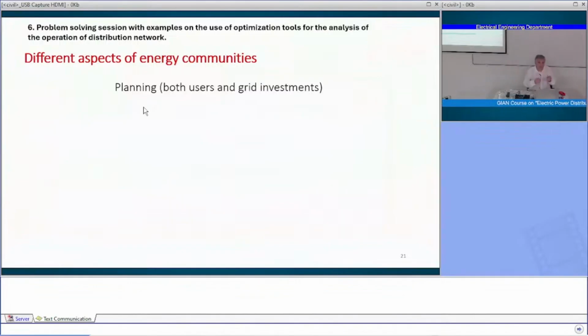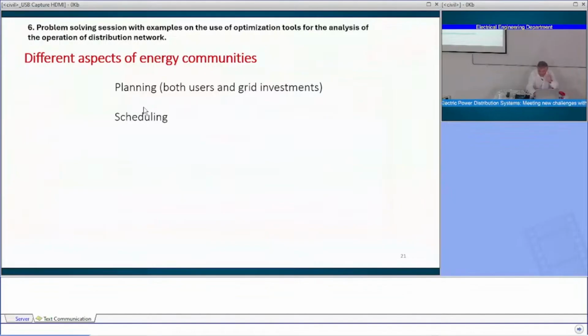The first is planning, so establish that the installation of an energy community may also have an effect on the grid investments, because if the energy communities are able to balance load and local generation, probably also the expected improvement of the network can be reduced.